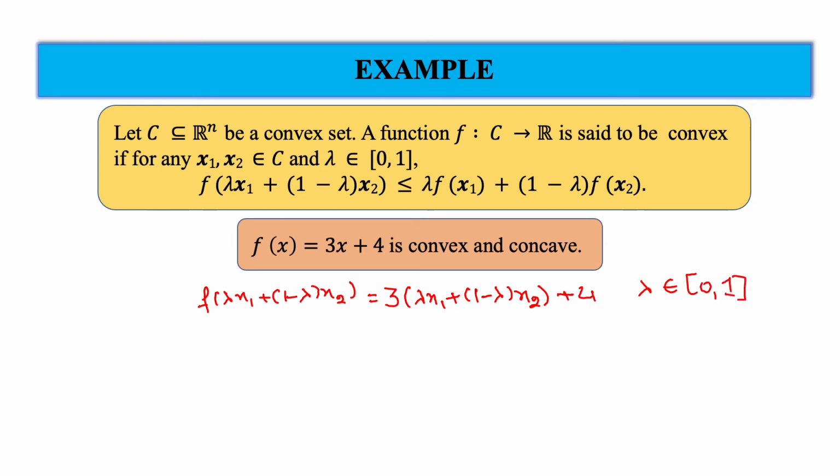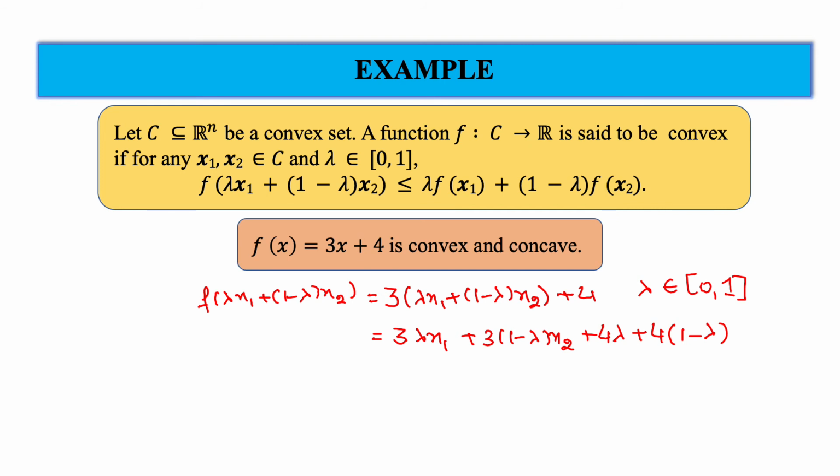So this is equal to, by applying the definition, 3 lambda x1 plus 3 times 1 minus lambda x2. Now 4 can be written as 4 lambda plus 4 times 1 minus lambda, since the sum of these two is 4.